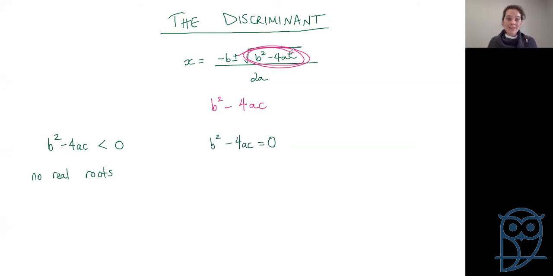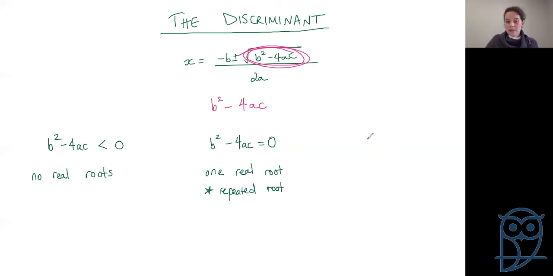We've got two answers which are identical. So they are real numbers, but they are repeated. So we have one real root, and it is a repeated root. Now that repeated root is important because that has a meaning. We still have two answers, but they are identical.